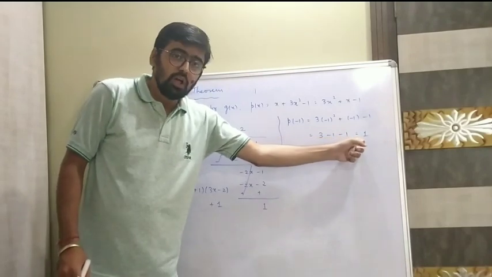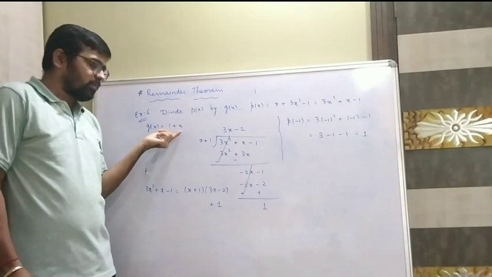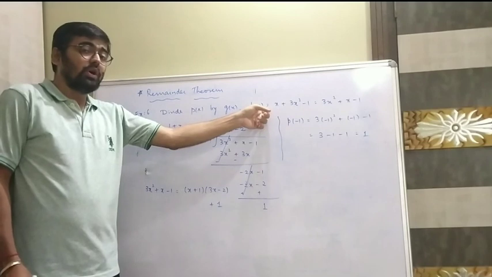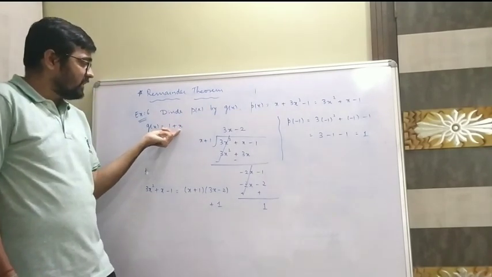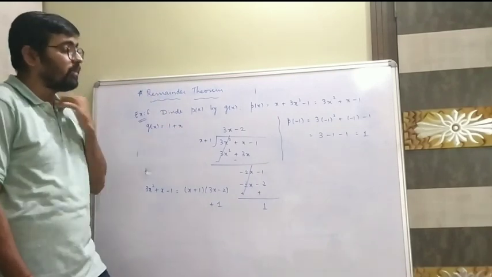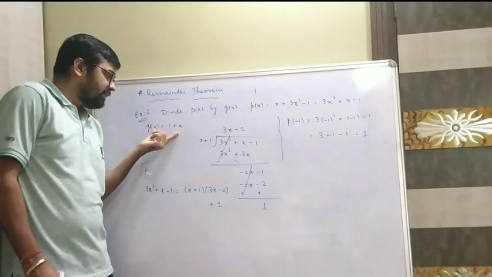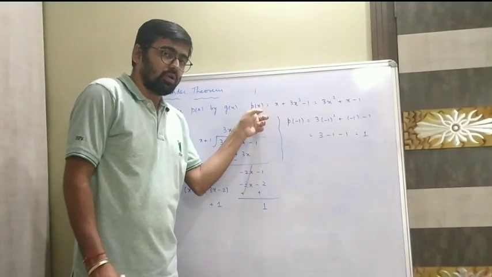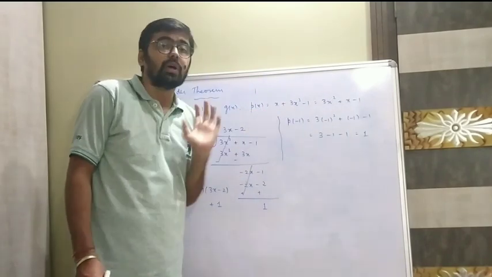So can we say that whatever polynomial we want to divide by this kind of polynomial, if I find the zero of the divisor polynomial and substitute that value of zero in the polynomial being divided, I will get the remainder.